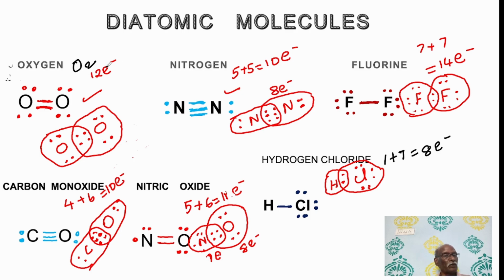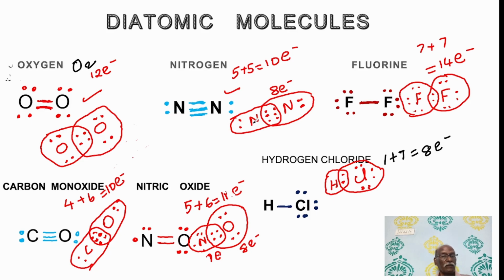Here we have seen 12 electrons. Now another molecule, nitrogen. It has 5 plus 5, 10 electrons. Those 10 electrons have to be distributed in such a way that both nitrogen atoms have 8 electrons each. For that, we keep 3 pairs of electrons in between the 2 nitrogen atoms and 1 pair outside, 1 pair this side.